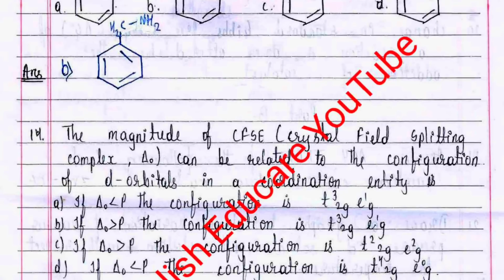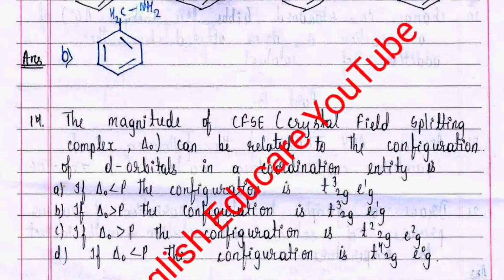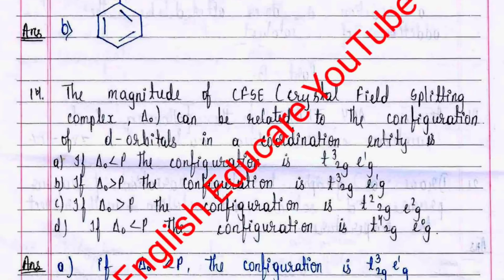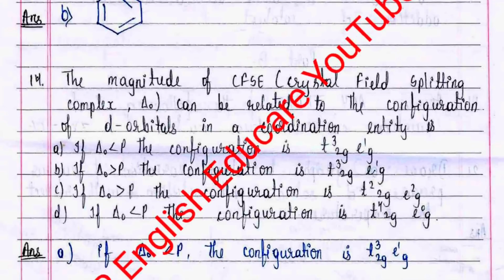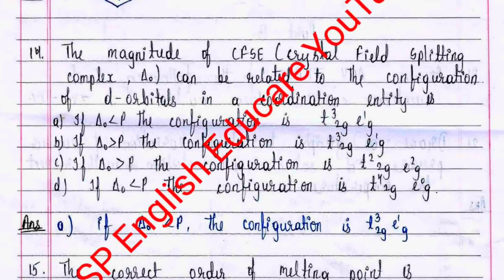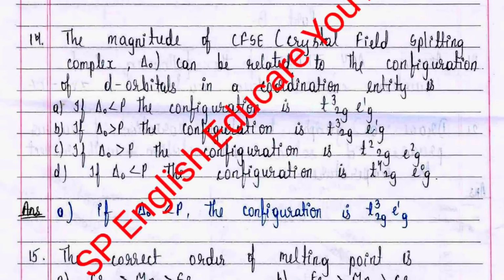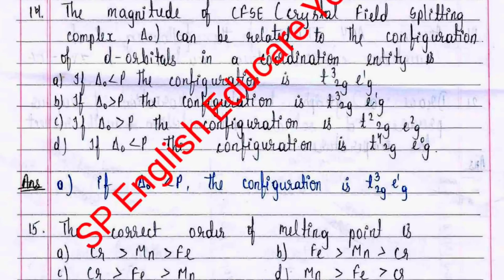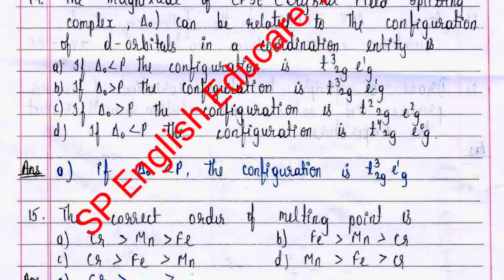C. If delta naught is greater than P, the configuration is t2g2 eg2. D. If delta naught is less than P, the configuration is t2g4 eg0. And the answer is A. If delta naught is lesser than P, the configuration is t2g3 eg1.